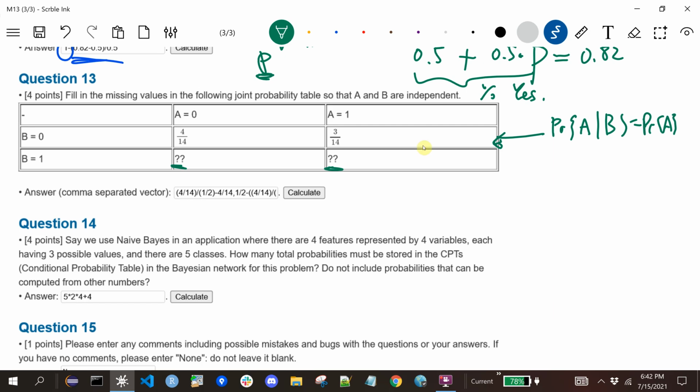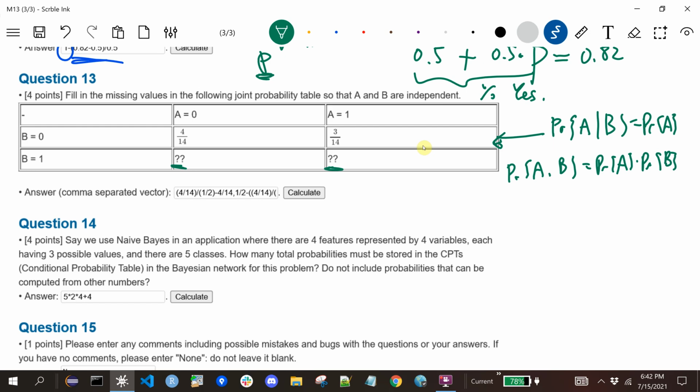So I'm going to use the more standard definition of saying probability of AB is A times B. If that holds for any combinations of A and B, then the two variables A and B are independent.